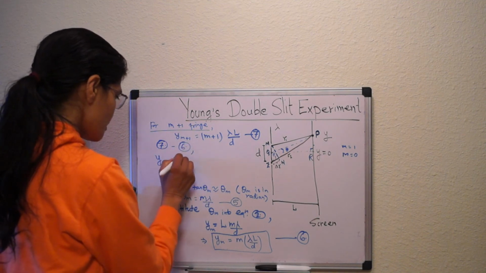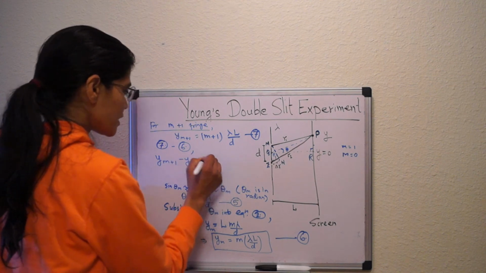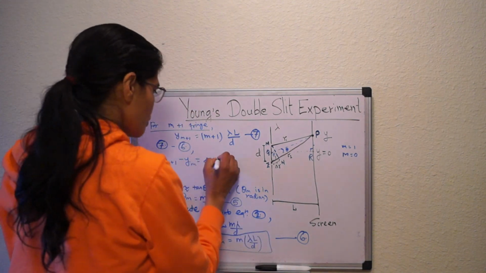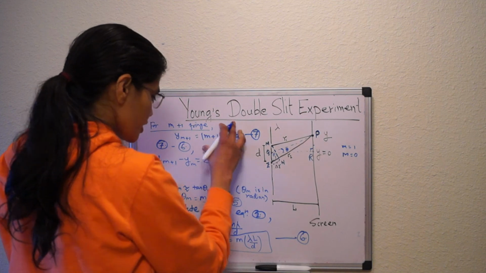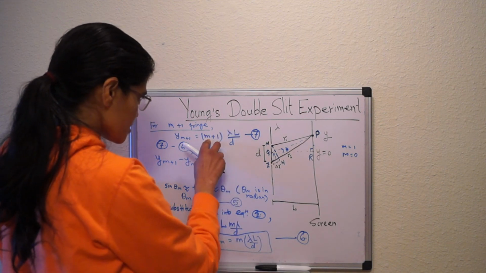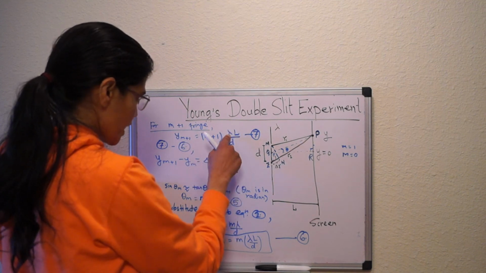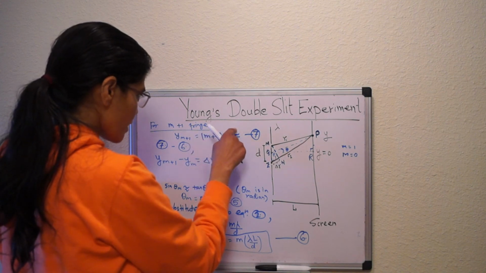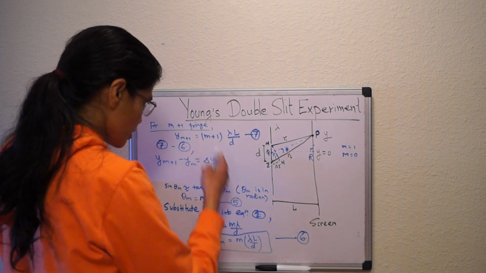y m plus 1 minus y m equal to, let us call this delta y, meaning the width of the fringe, which would be equal to what? This value here minus this. If we multiply this inside, we get lambda L by d times m plus lambda L by d, right? Since we have m lambda L by d here, and a negative of m lambda L by d, those two get cancelled.